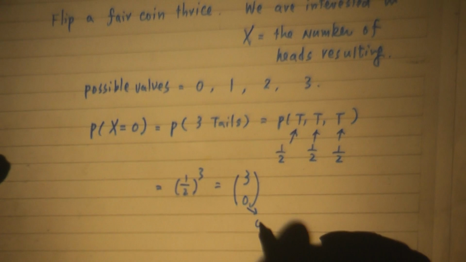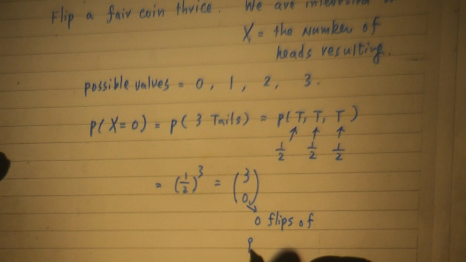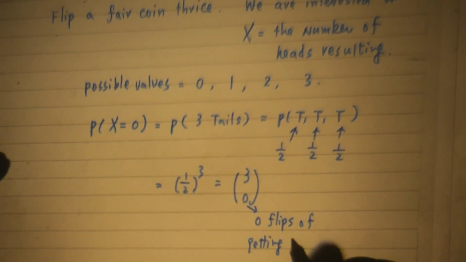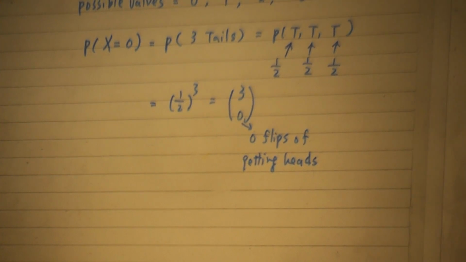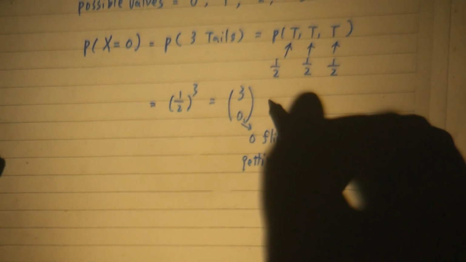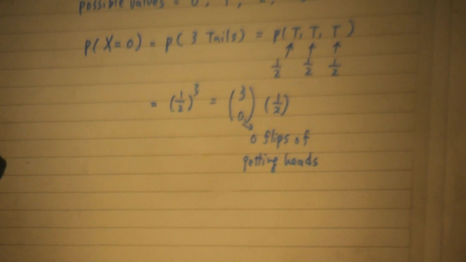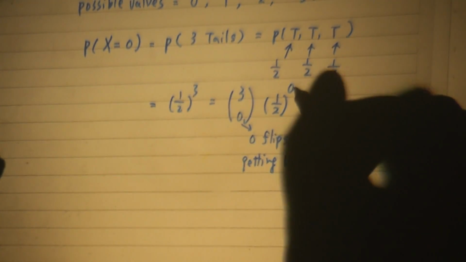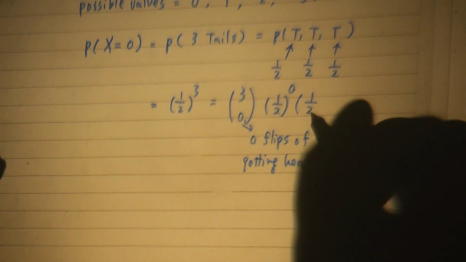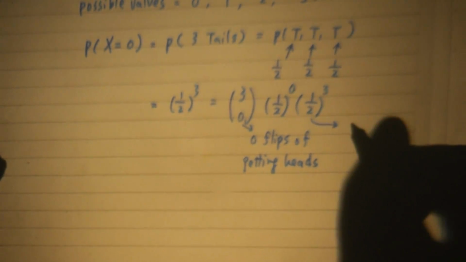No flips, 0 flips, of getting heads. And how likely do I get a head? The chance is 50% because it's a fair coin. But how many times do I see heads? I see 0 heads. That means how many times do I see tail? I see 3 tails.